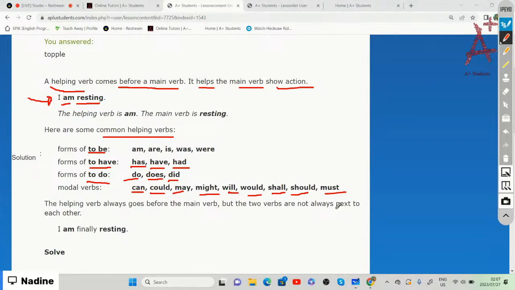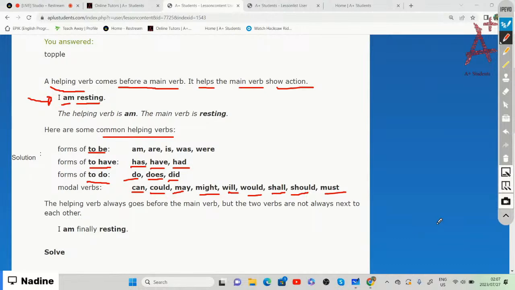And the helping verb, right? It always goes before the main verb, right? Because remember, we said a helping verb comes before the main verb and it helps the main verb to show action. So the helping verb always goes before the main verb. But the two verbs are not always next to each other, right?